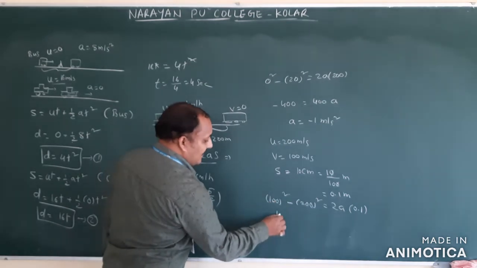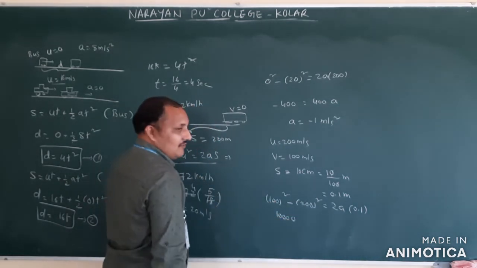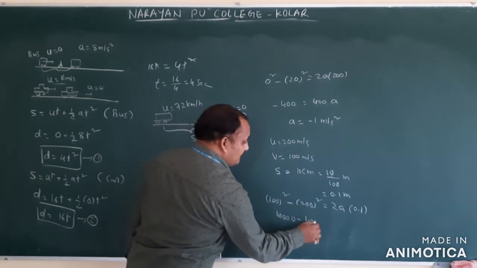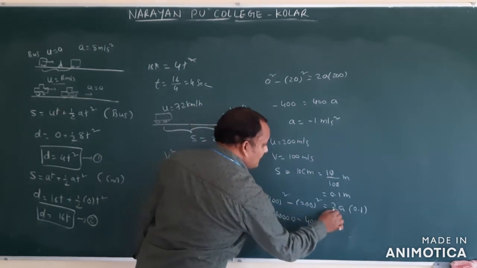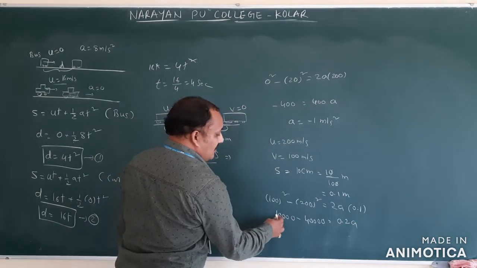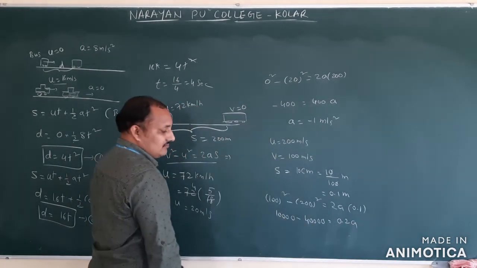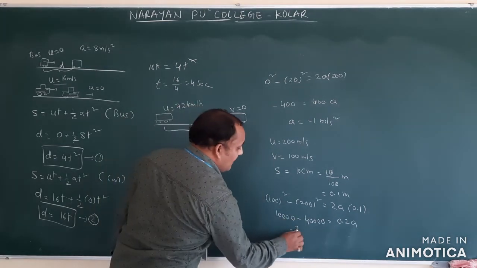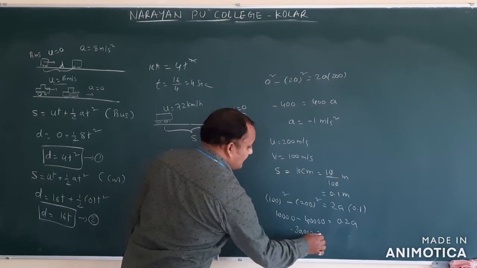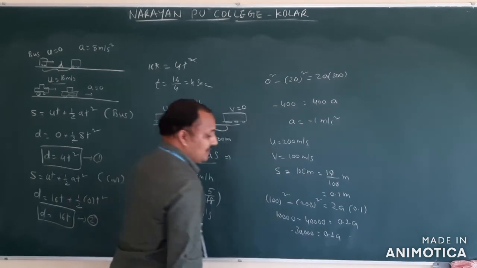So 100 square means how many zeros will there be? 4 zeros. 200 square, 2 2s are 4, 4 zeros. So 0.2a. Now subtract: 10,000 minus 40,000 is minus 30,000. Isn't it? Minus 30,000 is equal to 0.2a.